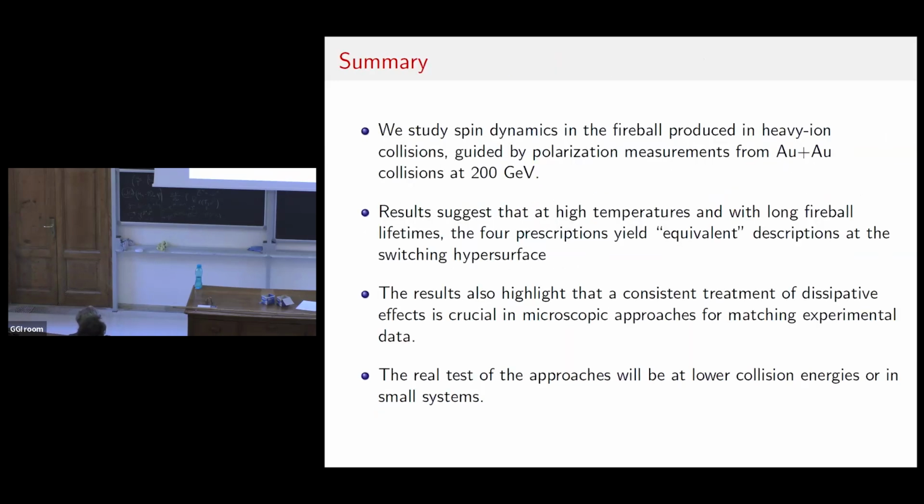So with this, I come to the summary. Most of the studies are guided by the polarization measurements. I've presented 4 prescriptions for spin polarization computation. The analysis is done for polarization measurements from gold-gold collisions at 200 GeV.